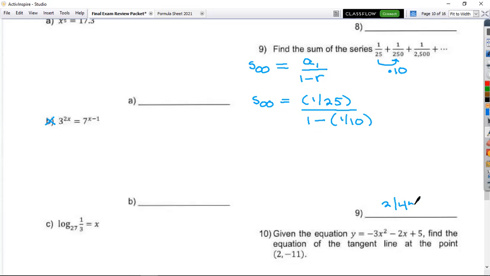So that's it. Just to refresh your memory as well, these are only possible when your r value is less than 1. So r in this case was equal to 1/10, and r was less than 1. So this one was possible. Otherwise, you could just say not possible.